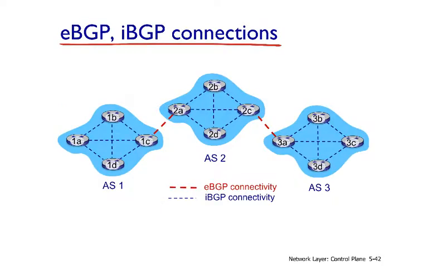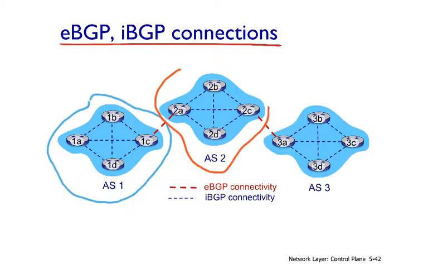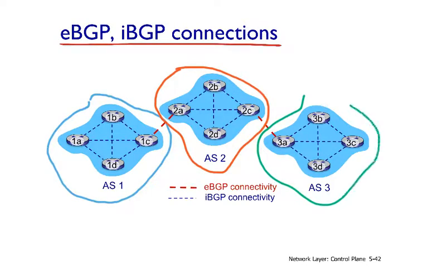This is an example of BGP connections separated into exterior and interior BGP connections. We have three domains, three ASes: Autonomous System 1 in blue, AS2 in red, and AS3 in green. They are different domains.